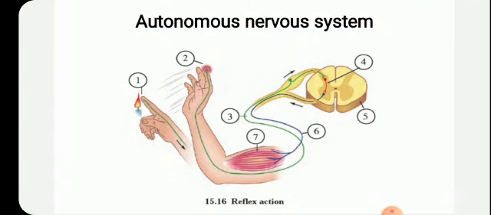So this is the reflex action. Sometimes we react to an incident without any thinking. That reaction without thinking is an immediate response given by us, and it comes under the autonomous nervous system, an important part of the reflex action.